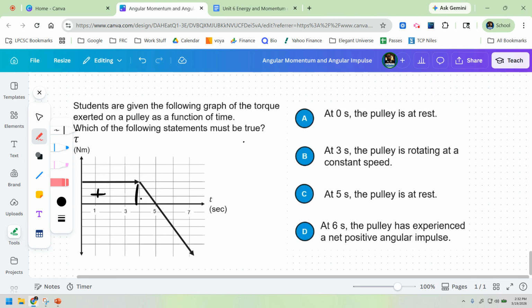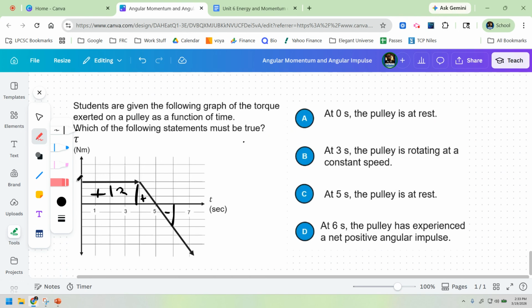Now, we still have a positive impulse here, and then they go to 6 seconds. Well, here we have a negative angular impulse, right? But if you were to net that, we got to do the math on this. So the question is, what is the math from here to here? 12, right?